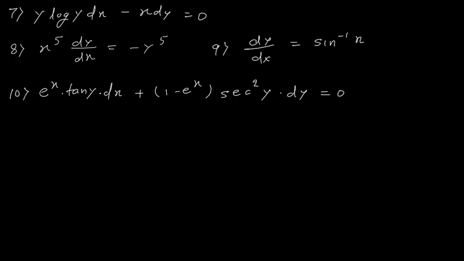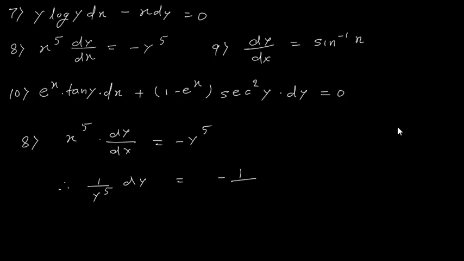So 8th problem is x power 5 into dy upon dx is equal to minus y power 5. So I will move all x with x dx and all y with dy. So therefore I have 1 upon y power 5 dy is equal to minus 1 upon x power 5 dx.